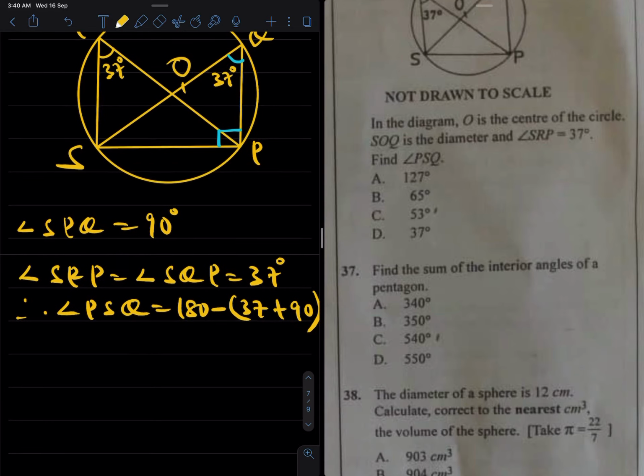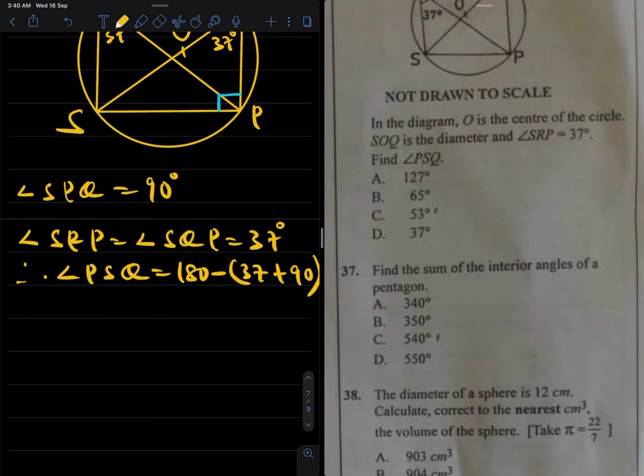So that's 180 minus 127, which is 53 degrees. And the correct option is C.